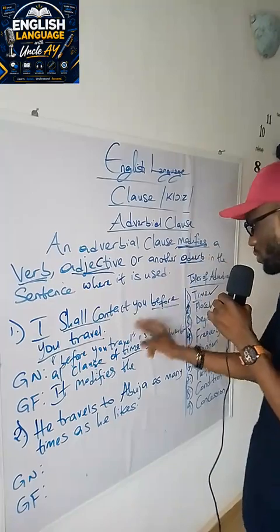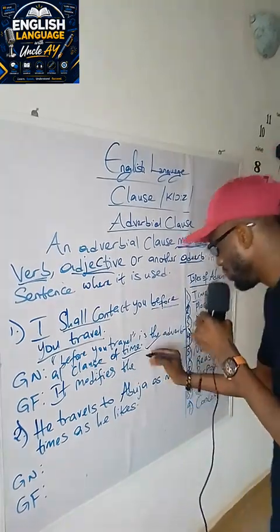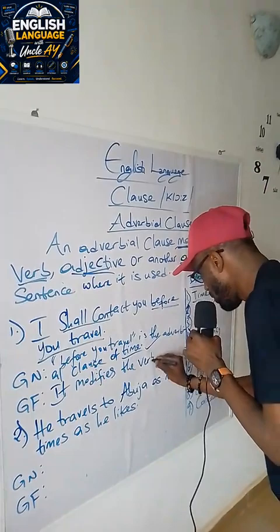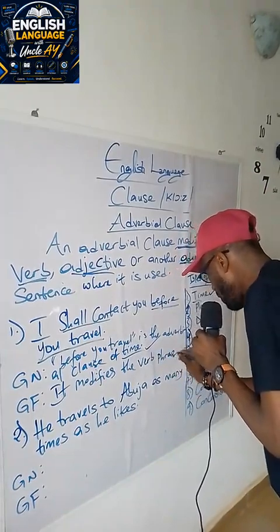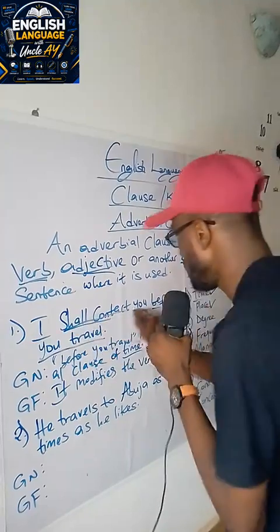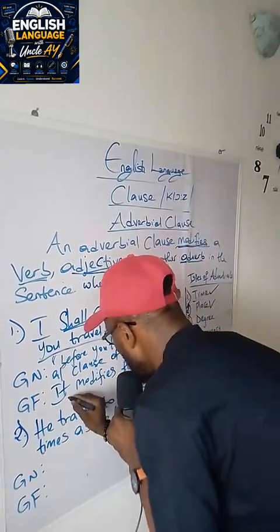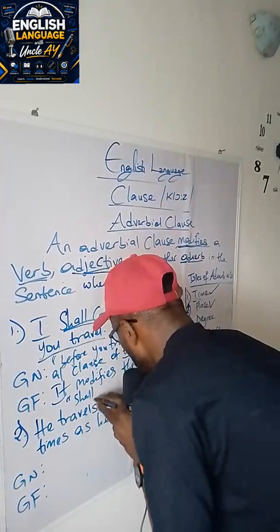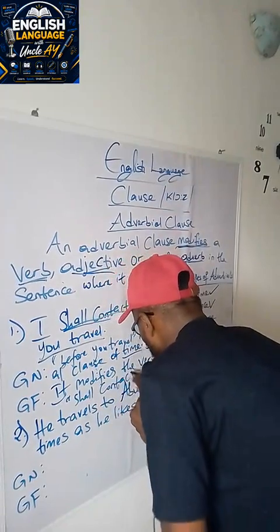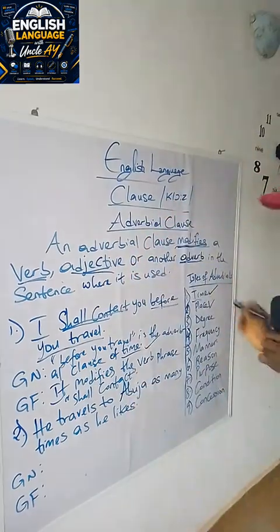So what does it do? The grammatical name here, it modifies the verb phrase. So the verb phrase in question is "shall contact." That will be open quote, "shall contact," end of quote. So this right here is our answer.